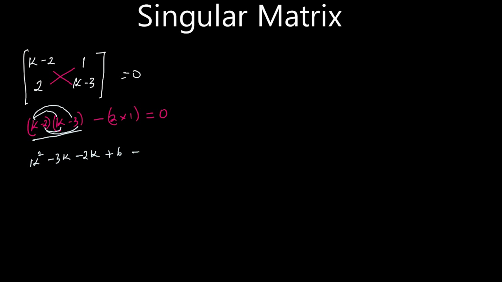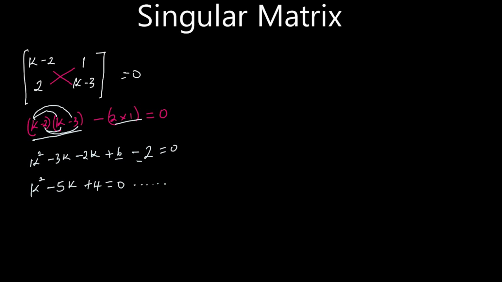Then minus 2 times 1 gives us minus 2, and this should be equal to 0. We clean this up so that we have k squared, minus 3 minus 2 gives us minus 5k, then plus 6 minus 2 gives us plus 4, equal to 0.